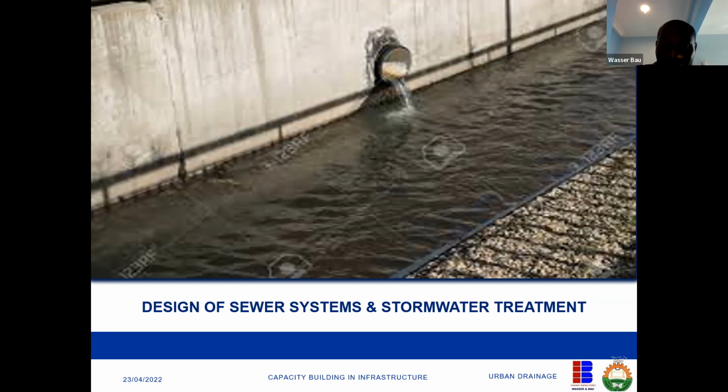You collect it and hold it somewhere, then it will decant. The top will be clear water, then you discharge that clear water. Then the bottom one, you either use it for agricultural purposes and dry it, or you take it to wastewater treatment plants. But the one that requires treatment, the one that you cannot discharge in open drain, is your sewer. It is absolutely not acceptable for you to discharge your foul sewer into an open water body.